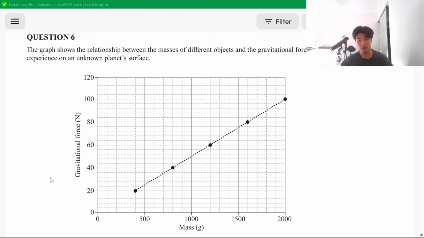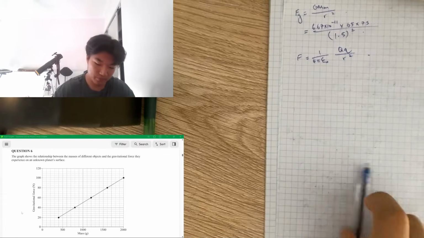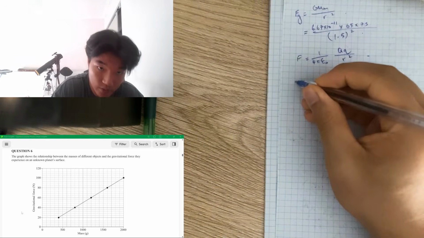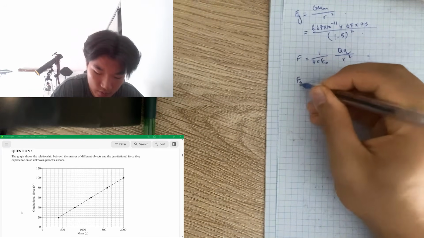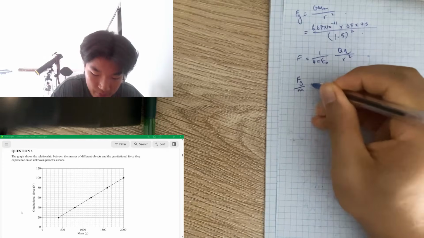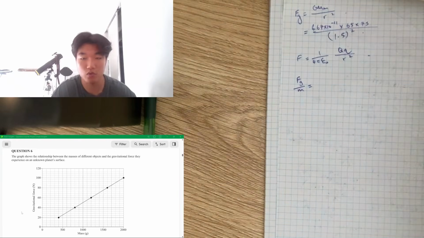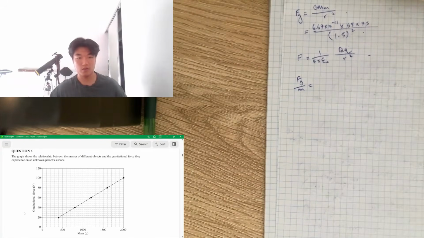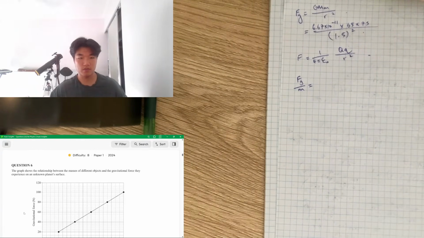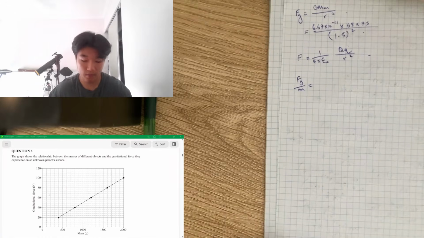So we need to divide that by 1,000. So the gradient represents force due to gravity over mass. So the gradient would be equal to the acceleration, the gravitational field strength.